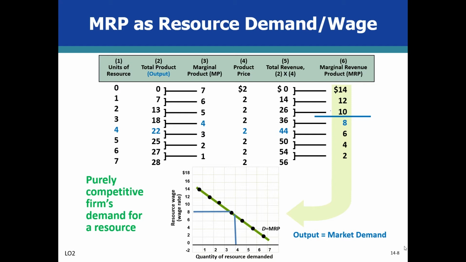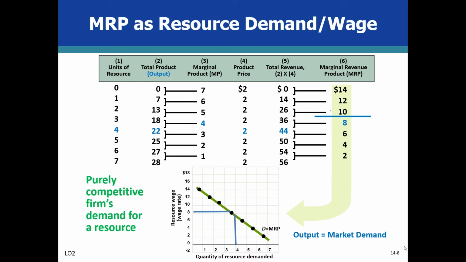Column 4 represents the market price the firm can sell for. Because it is a competitive market, it can only get $2 per unit no matter how much is produced.